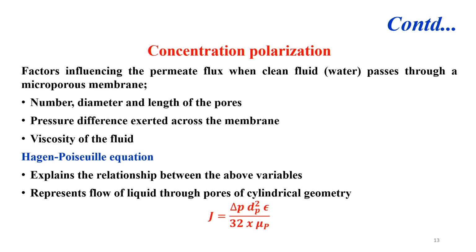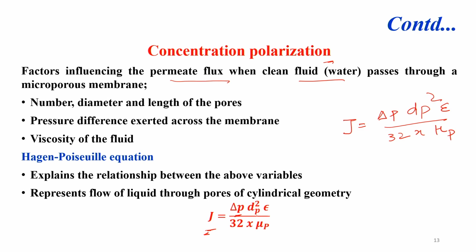Further, there is one term called concentration polarization. Once you are passing a liquid through the membrane, let us say you are passing clean water through a microporous membrane, J should be directly proportional to delta P. It says J is directly proportional to delta P d_p squared epsilon divided by 32 delta x mu.